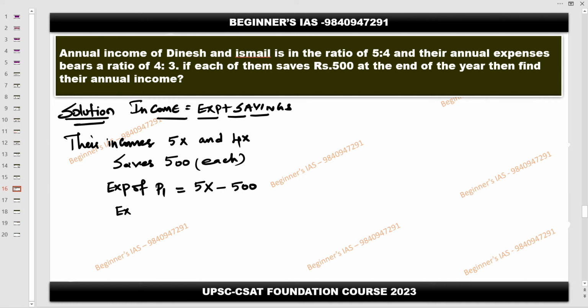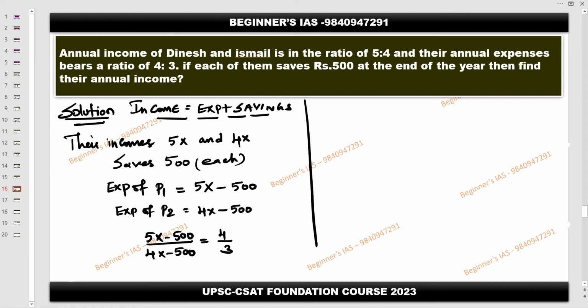Now the expenditure of the second person is also income minus savings. This ratio has been provided. Therefore, (5x minus 500) by (4x minus 500) equals 4 by 3.